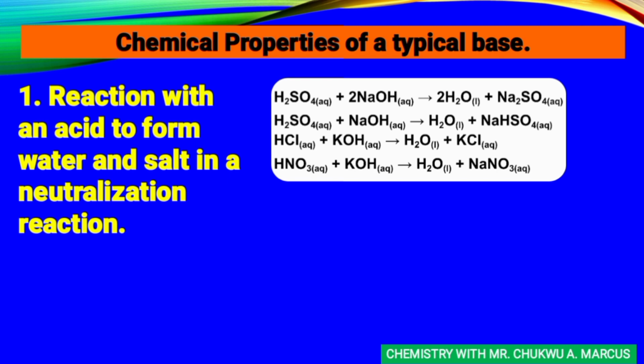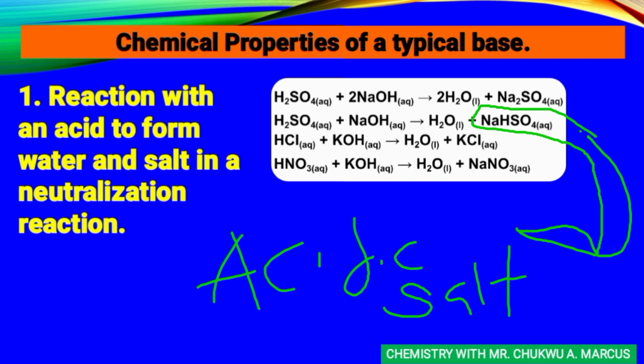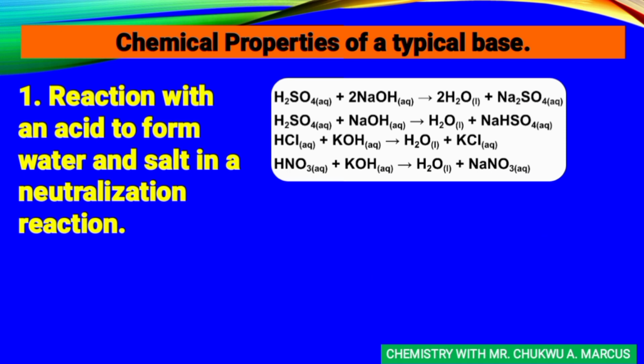The first one is not an acidic salt, it is a common salt and a neutral salt, but the second one is an acidic salt. The presence of hydrogen there makes it an acidic salt, because the presence of hydrogen is always calling for an acid. But when it is only hydrogen ion, we say it is a pure, typical acid. But if it has a hydrogen ion and at the same time a metallic ion, we call it an acidic salt.